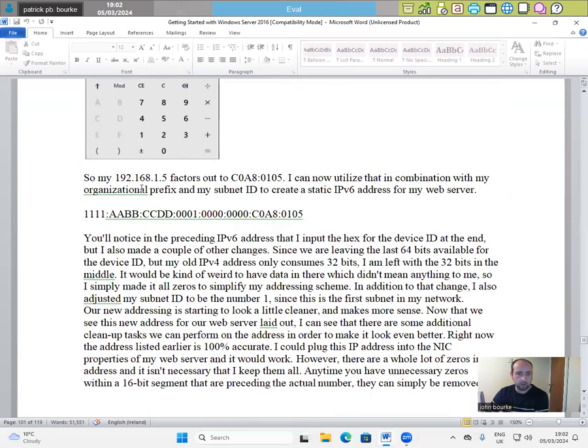So my 192.168.1.5 factors out as C0A8 colon 0105. I can now utilize that in combination with my organizational prefix and my subnet ID to create a static IPv6 address for my web server.